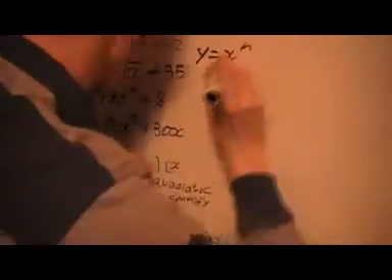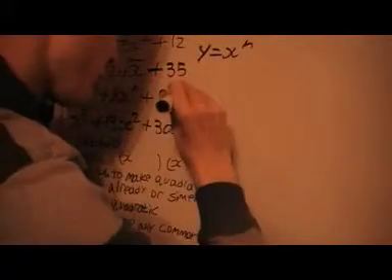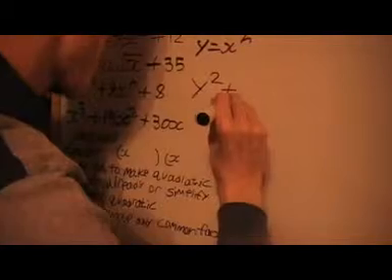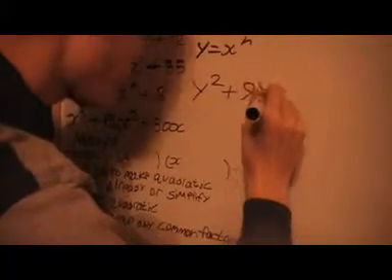Next one, we're also going to make a substitution. I'm going to let y equal x to the n. And then we're going to have y squared plus 9y plus 8.